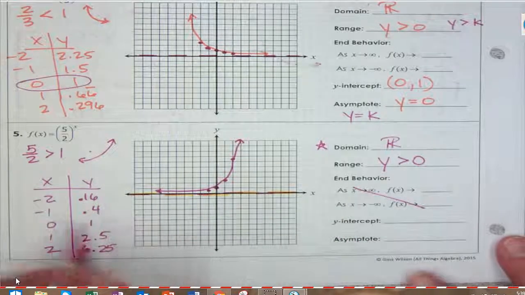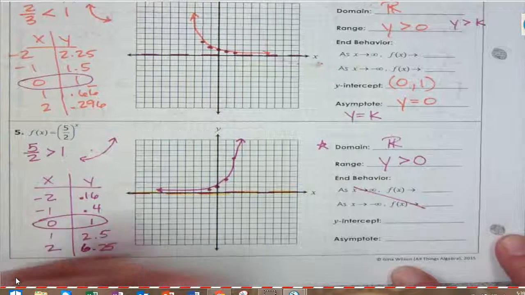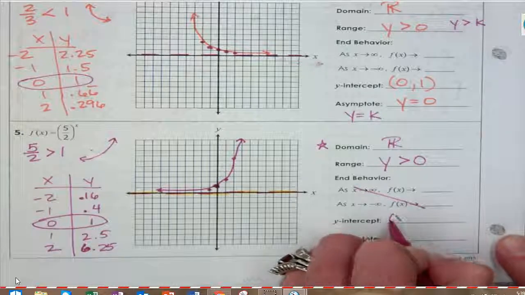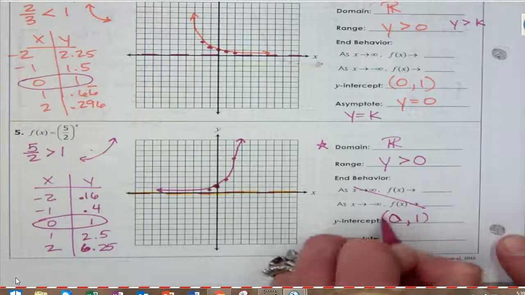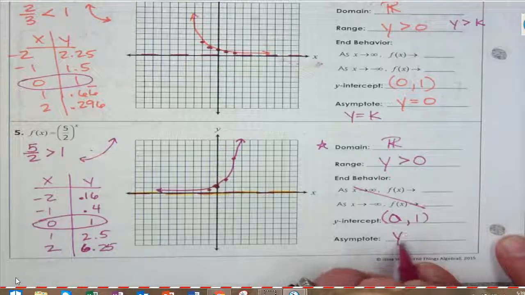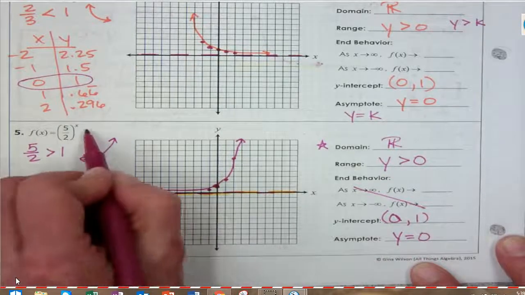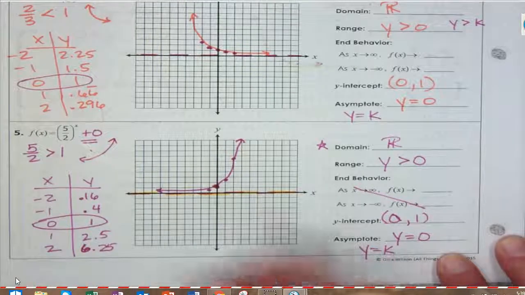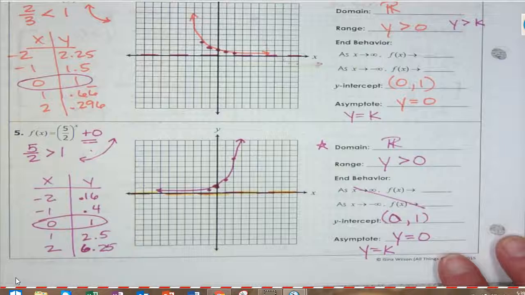The y-intercept, that's where it crosses the y-axis. Boom. Right there. 0, 1. The asymptote is going to be y equals 0, right? Because there's no number right here. Y equals k, there's nothing there. Y equals 0. Okay? Alright.